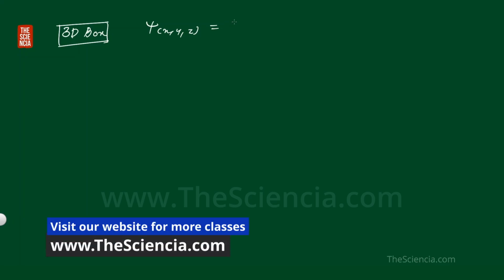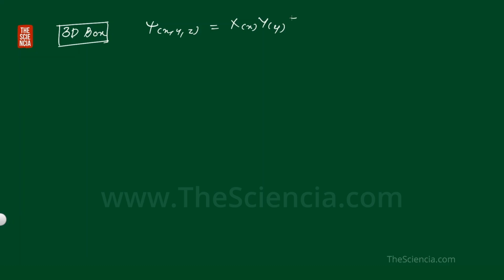Now we are going to discuss the 3D box and its degeneracies. We already solved the Schrodinger equation for the 2D box, so in the same fashion you can solve it for the 3D box also. In the 3D box, the wave function is a function of x, y, z, so we can write it as a product of psi of x, psi of y, and psi of z.